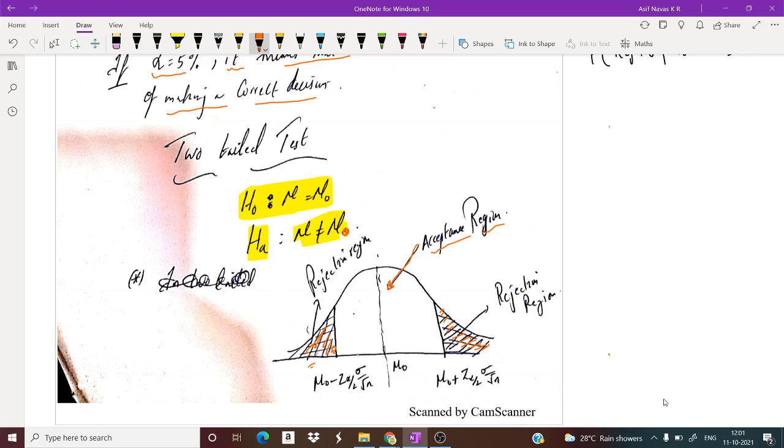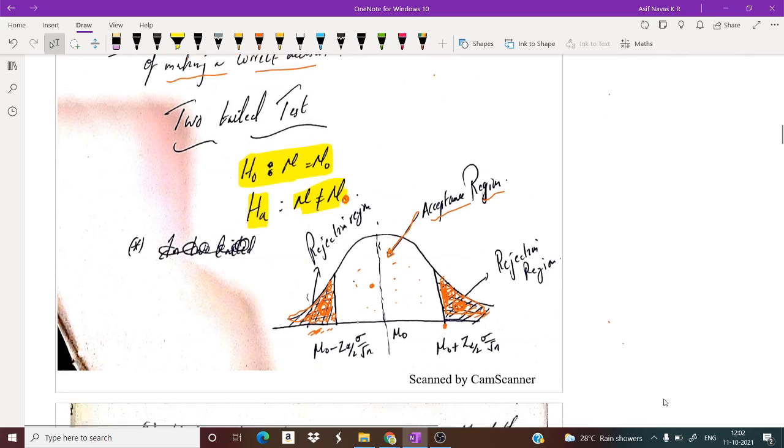If it is less than some point, like here in this region or in this region, that means our mu, based on samples, is greater than some level, like this level, then we will reject H naught. If our test statistic falls in this region, we will reject H naught, and if it falls in this region, we will accept H naught. So that is a two-tailed test, and I will discuss what a two-tailed test is.